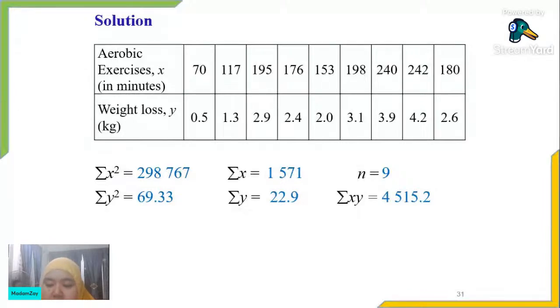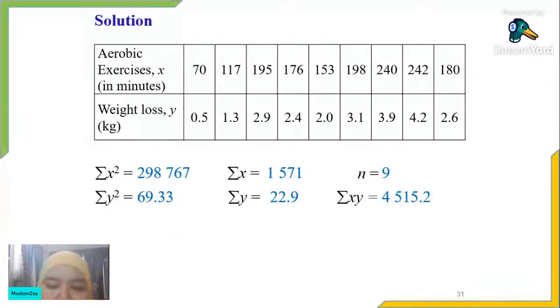So calculate: shift, option, regression calculation, summation, two variables.